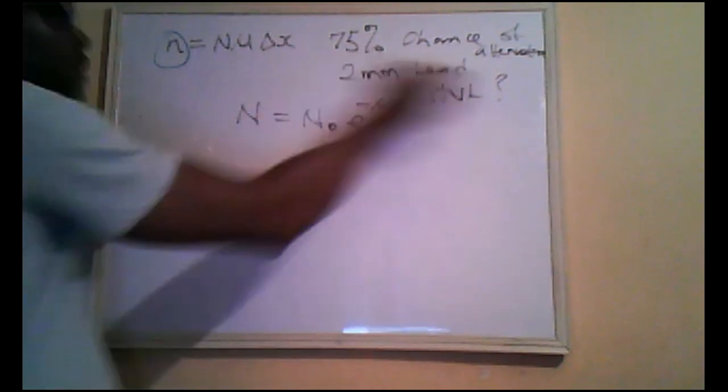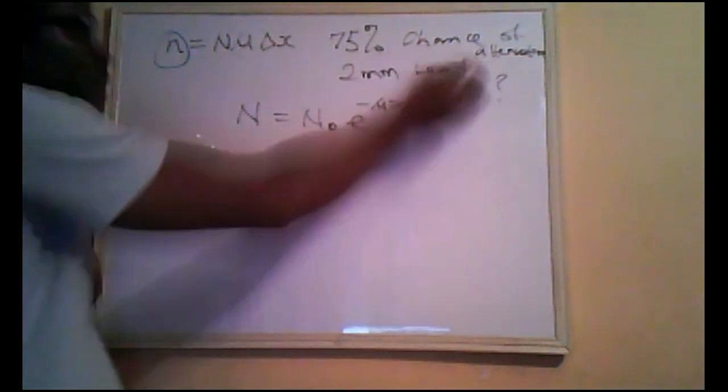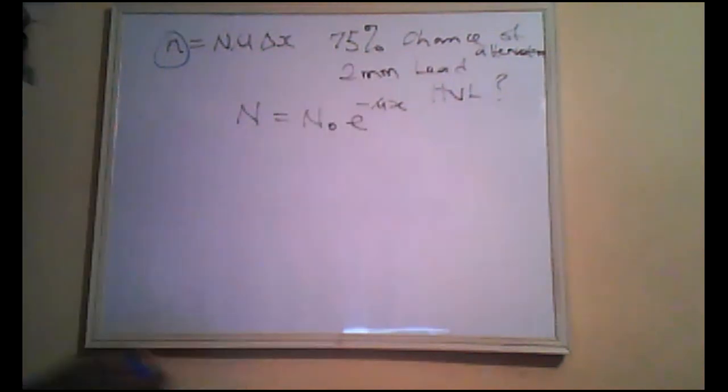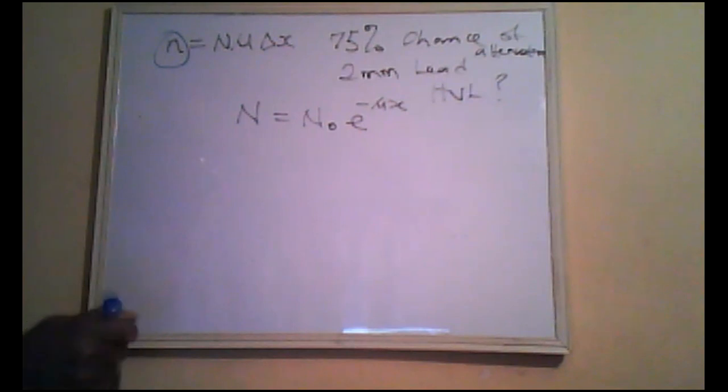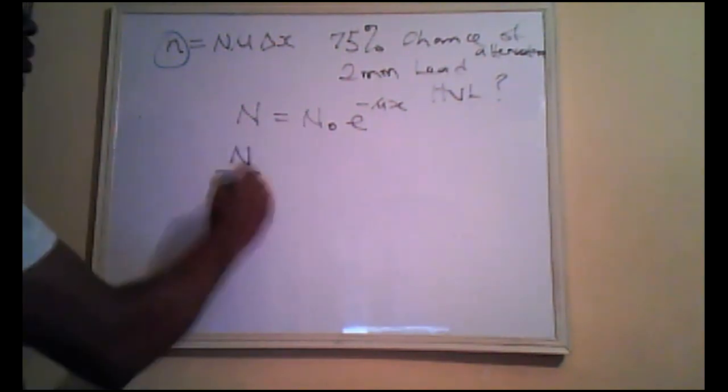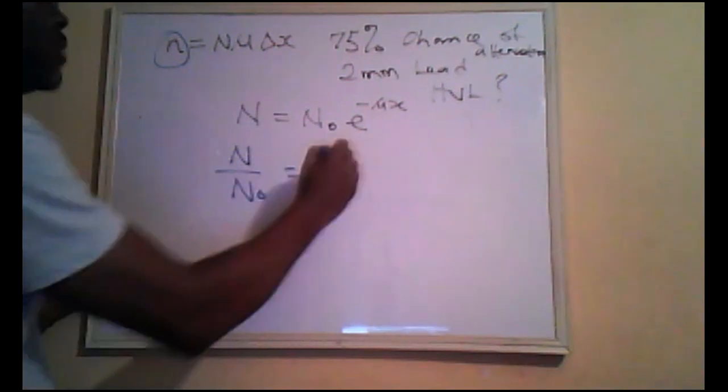So if 75% was attenuated, it means 25% was transmitted. That is N over N naught, which is e to the minus mu x.